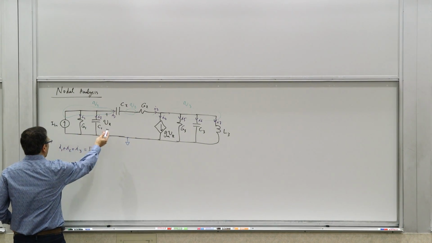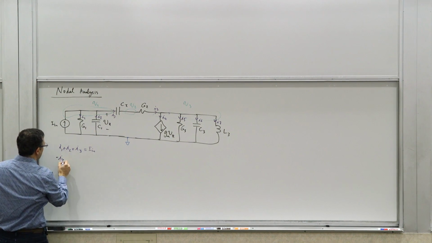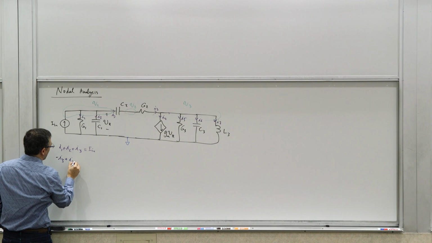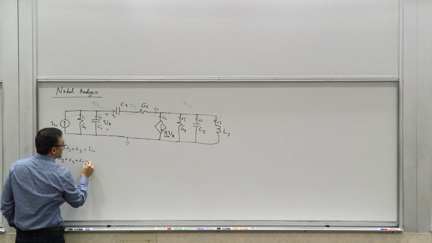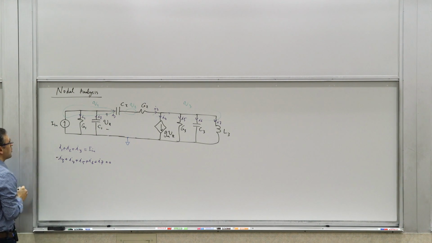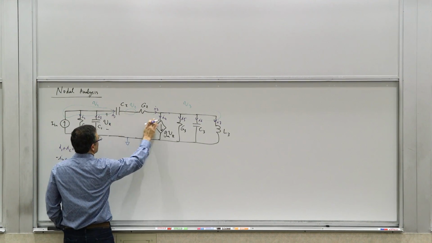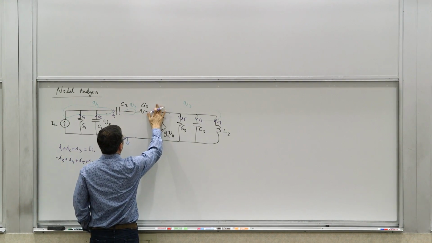So that's one. And the other one is basically you can write it as negative I3, so all the currents leaving that node, I4 plus I5 plus I6 plus I7 equals 0. So you have two sets, and then there's a third one. Well, we define this as a node, so I should not have called this I3.